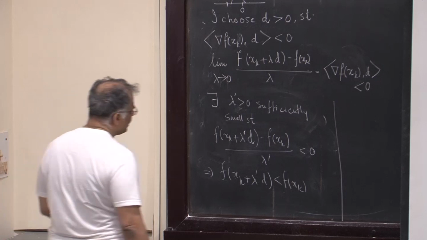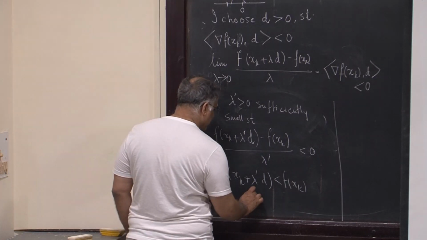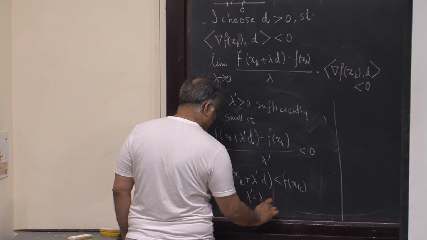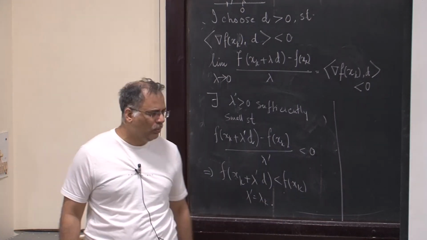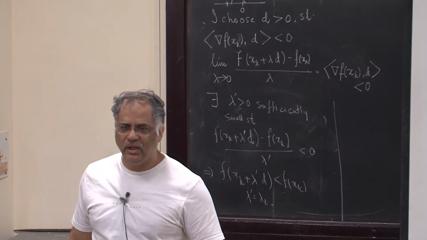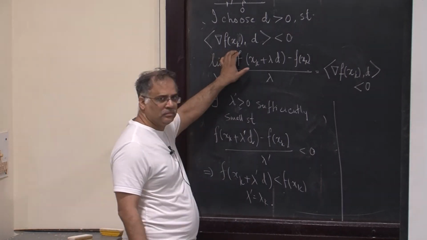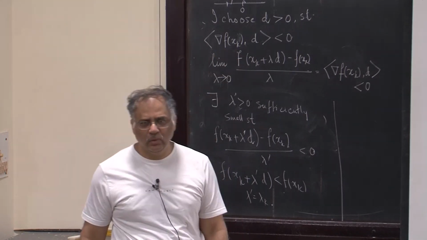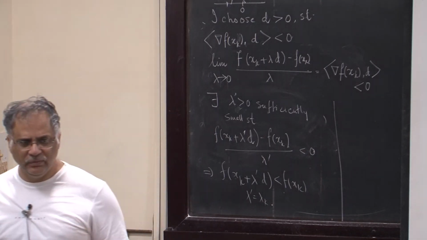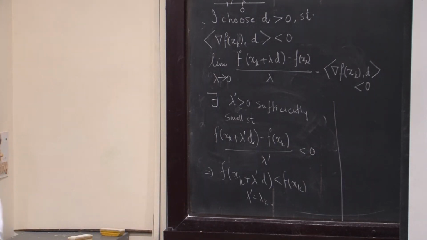So lambda dash I can now set as lambda k. Now, what is d? How would I choose a d that will give me this condition?